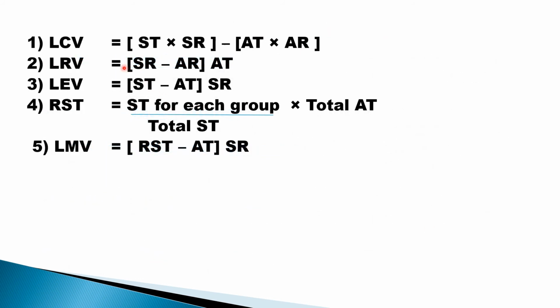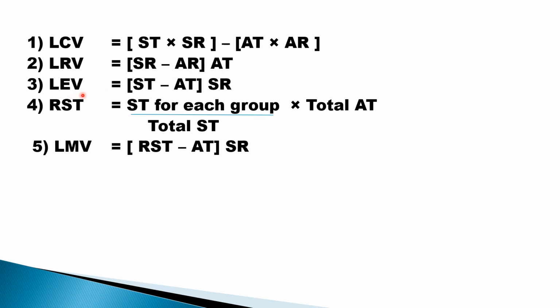These are the various formulae. We have 5 formulae to calculate variance. Labor cost variance is equal to standard time into standard rate minus actual time into actual rate. Labor rate variance is standard rate minus actual rate into actual time.